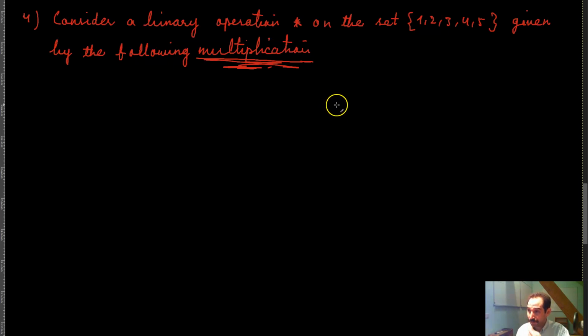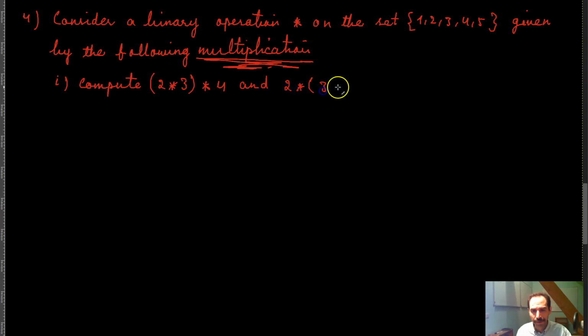now you want to compute, number 1, 2 star 3 star 4, and number 2, is star commutative?